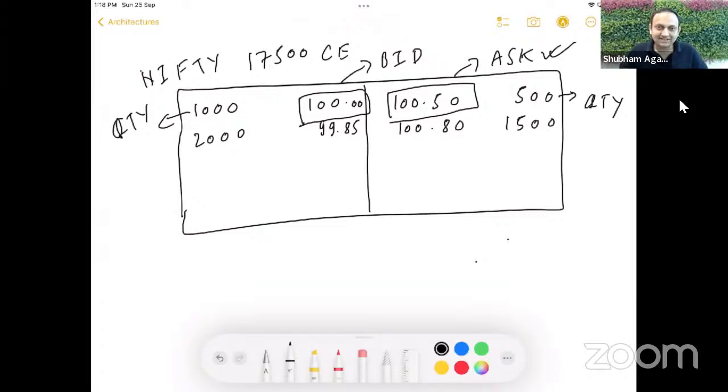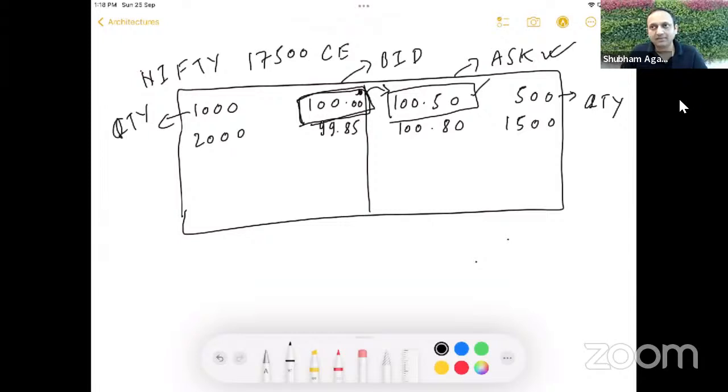So now let's understand how a trade will happen. The trade can basically happen only when this buyer, the person who is standing on bid, increases the price and goes to 100 rupees 50 paise, and then the trade happens. So if the existing buyer increases the price, or maybe a new buyer comes and buys at the ask price.